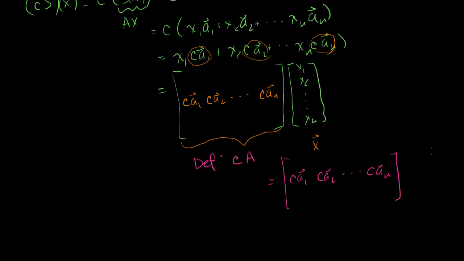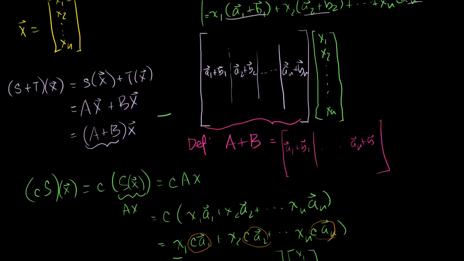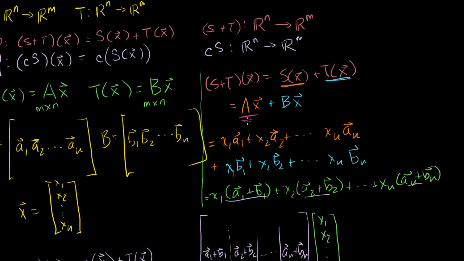And in this video, you're probably saying, hey, Sal, I already knew how to do this in Algebra 2 in 10th grade or 9th grade. I was already exposed to multiplying a scalar times a matrix or adding two matrices with the same dimensions. Why did you go through all this trouble of defining the sum of transformations and the sum of matrices?